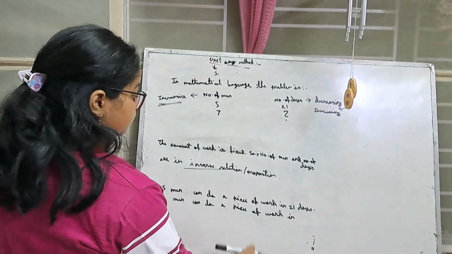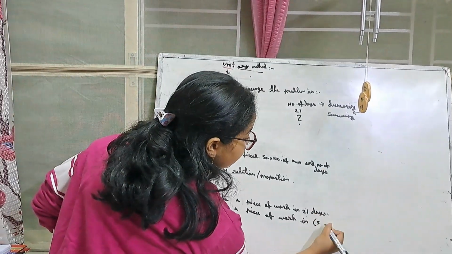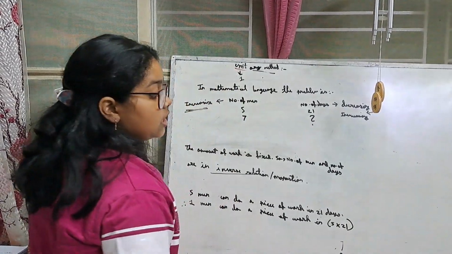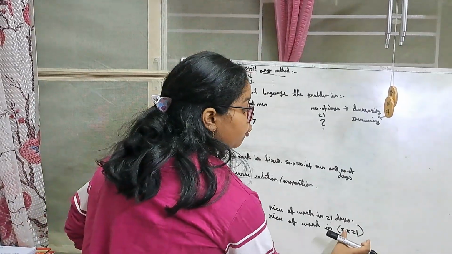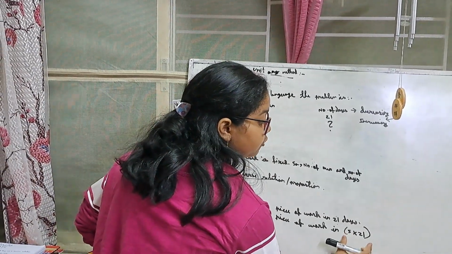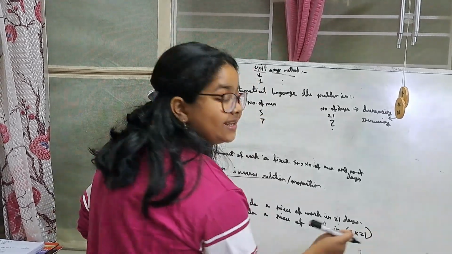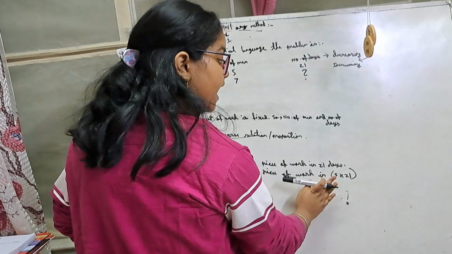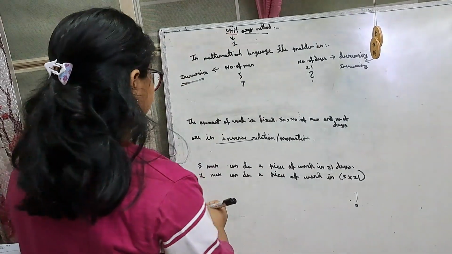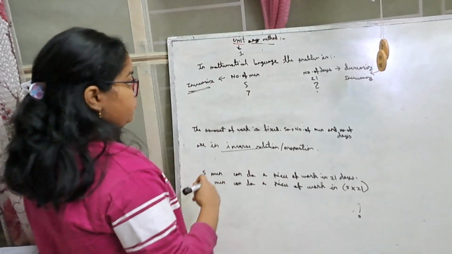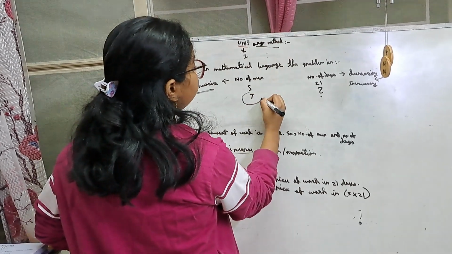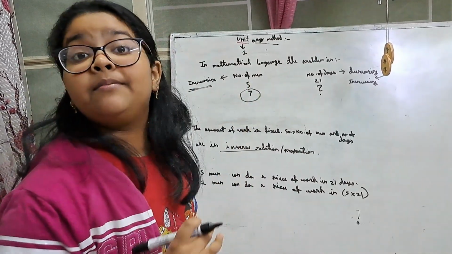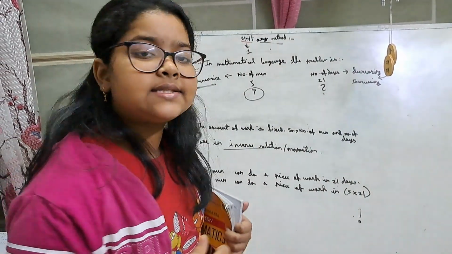So 1 man can do a piece of work in 5 into 21 days. We will not do the operation here; we will set it as it is, and then go on. 7 men will take how many days then?